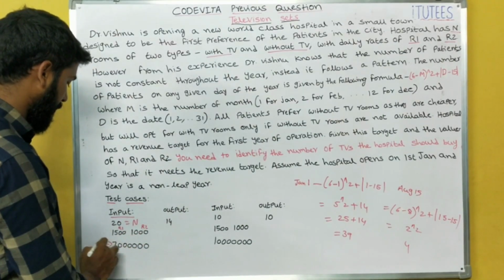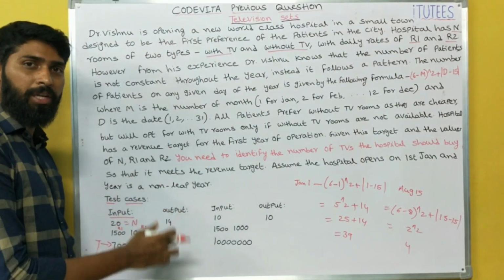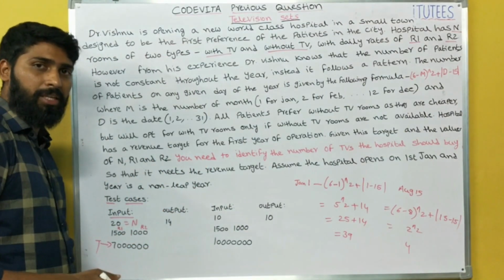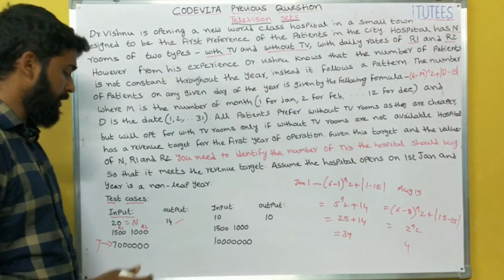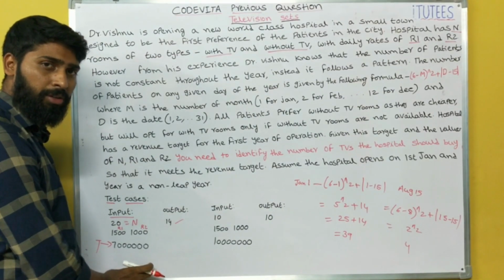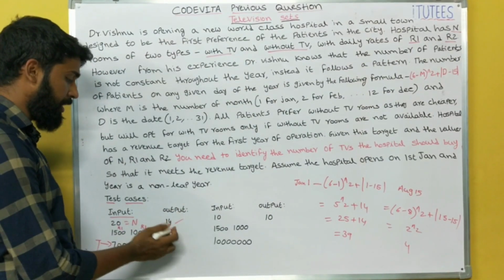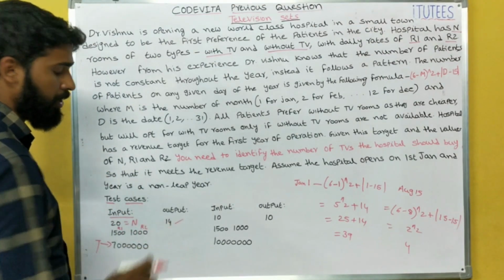This is the target T, that means within the year the hospital should generate 70 lakhs as revenue. The output is 14. That means to achieve this 70 lakhs revenue, the hospital needs to buy at least 14 TVs.